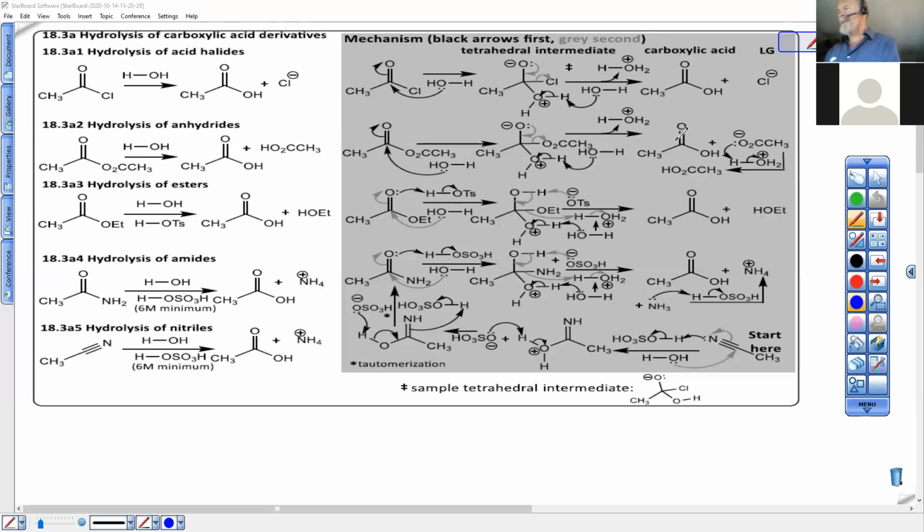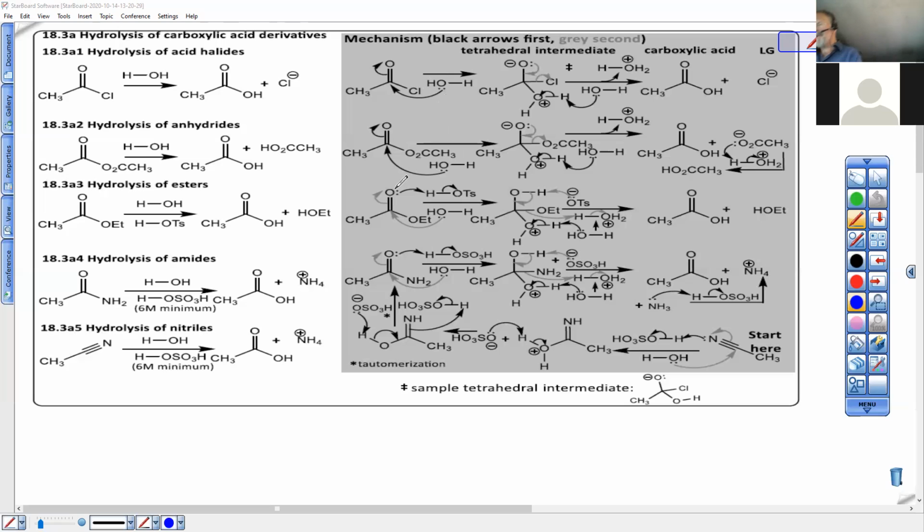So what's the only difference going to the next one? Well, one, you've got a lousy leaving group, and two, you still got a poor nucleophile. These nucleophiles didn't care because these have excellent leaving groups attached. This one has a poor leaving group. It's not going to react unless you activate the carbonyl.